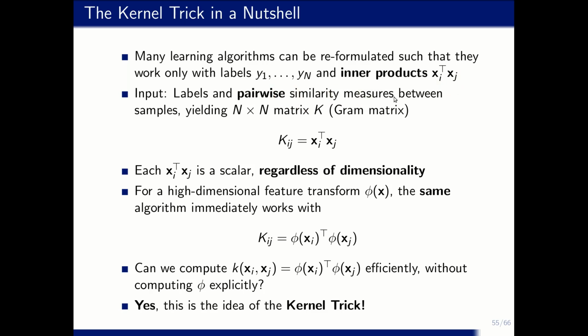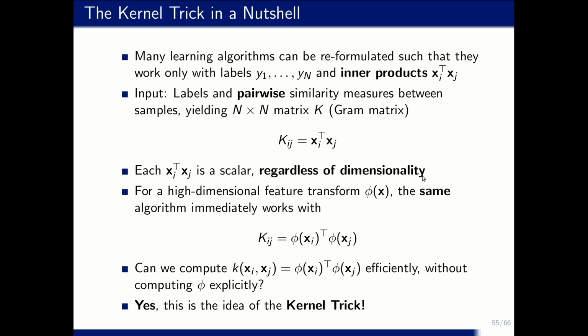And we can collect all these inner products and similarity measures in a matrix K, an n times n matrix, where n is the number of samples. The ith row and jth column is just the inner product of sample i and sample j. Note that the inner product is a scalar, regardless of the original dimensionality of x.